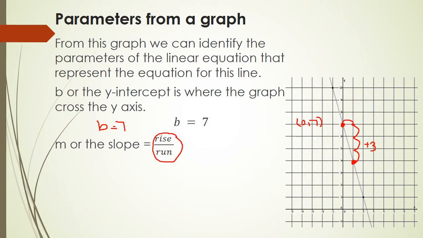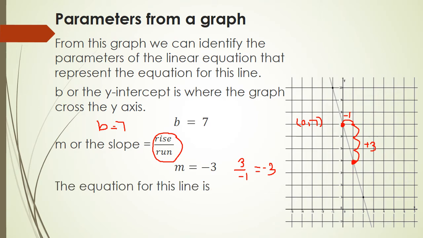And since I went to the left and not right, I'm going to represent the run by -1. So my slope for this linear equation is -3, because 3 over -1 is -3. To write the linear equation for this line, I put it in the form y equals mx plus b, which is y equals -3x plus 7.